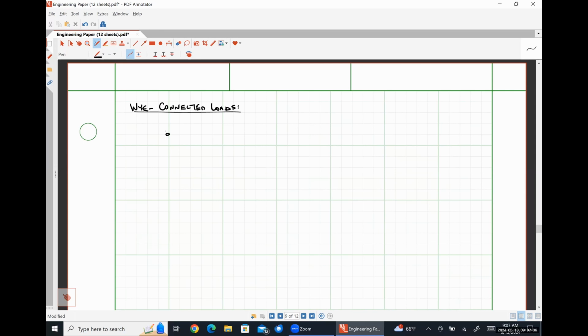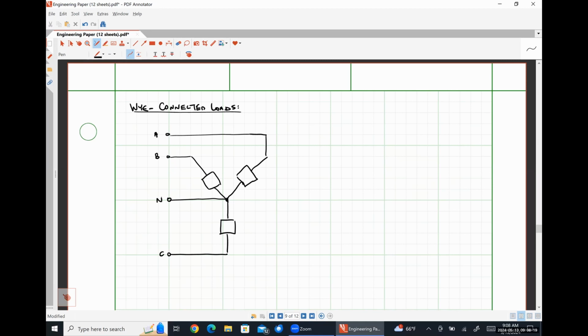So we might see something like this, where here is capital A. Here's capital B. Down here would be capital C. This point of interconnection is our load side neutral.